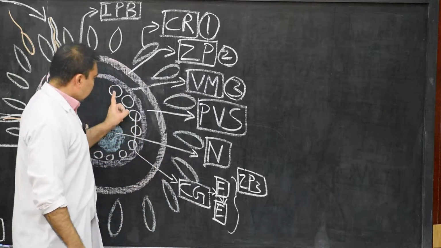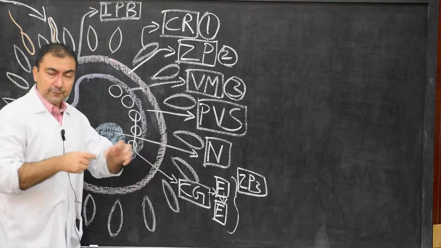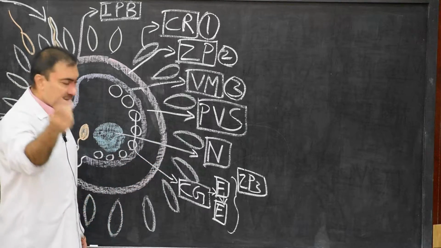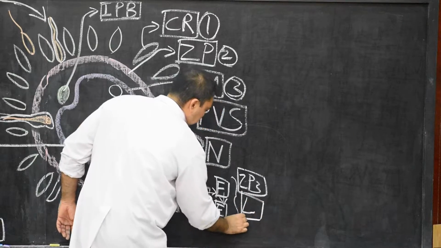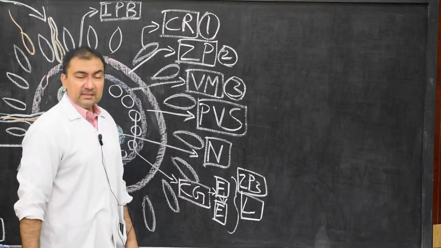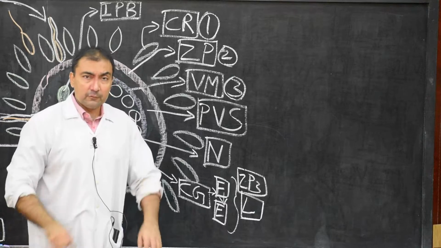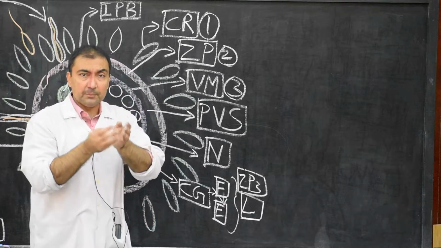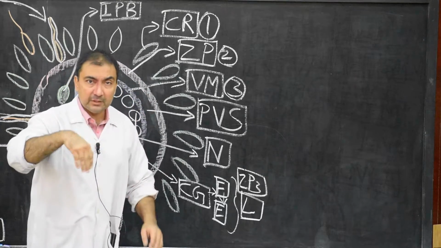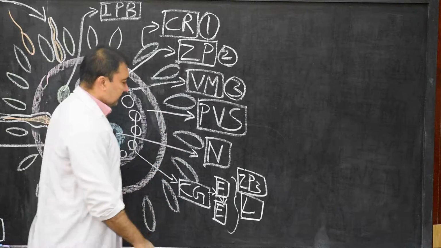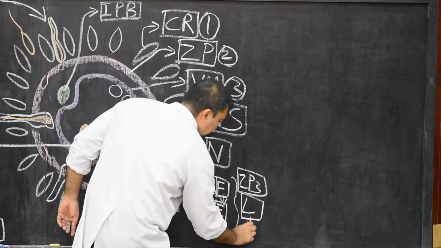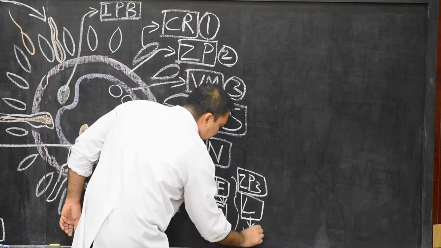The second change: the same cortical granules release certain enzymes, out of which one is known as lysozyme. This lysozyme enzyme will have an effect on the vitelline membrane, causing a block on the vitelline membrane which will also prevent further polyspermy.